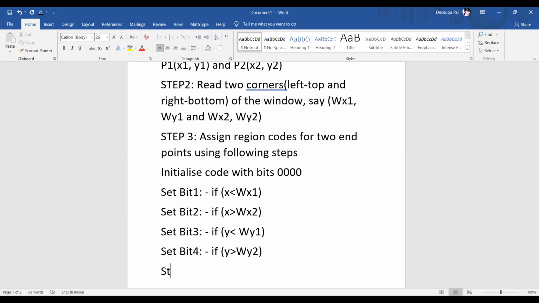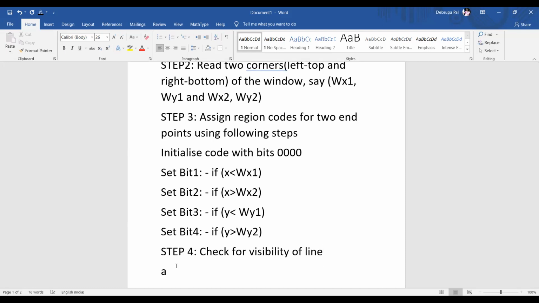Step 4 is where the checking for the visibility of the line is done. How to check for the visibility of the line?